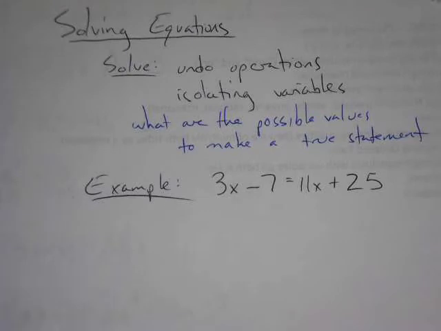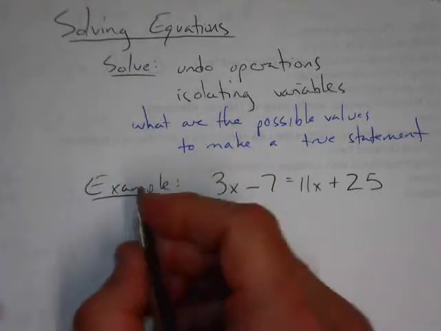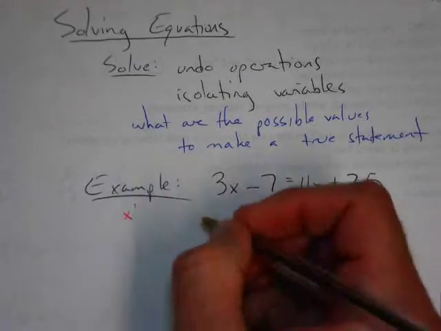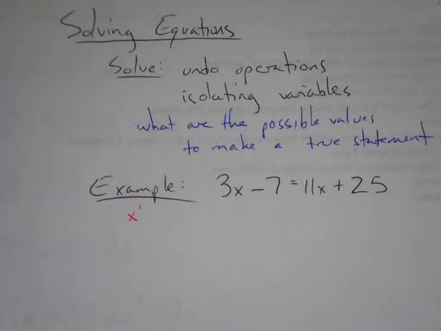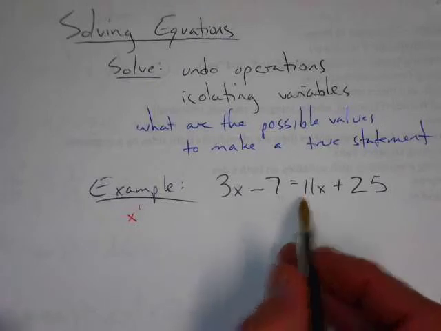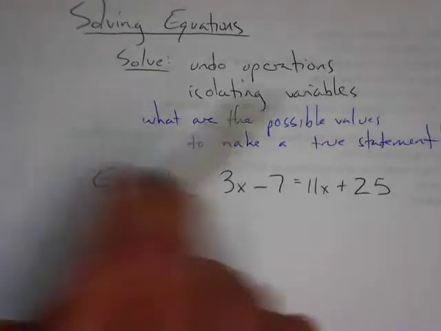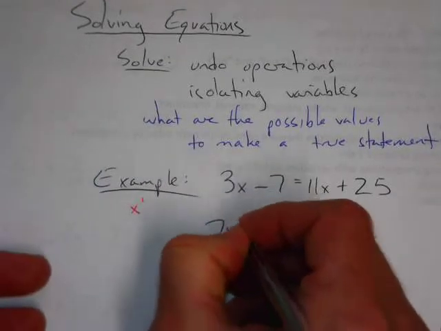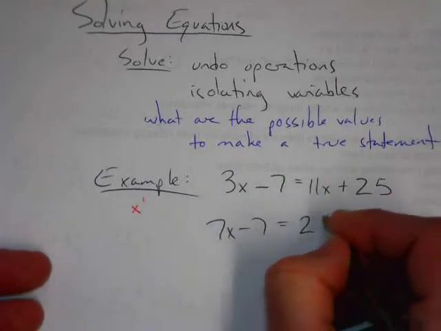If we notice, x is simply in the first power, so whatever we do, we solve for x. In this case, I would probably subtract 11x from both sides. I'd end up with 7x minus 7 equals 25.